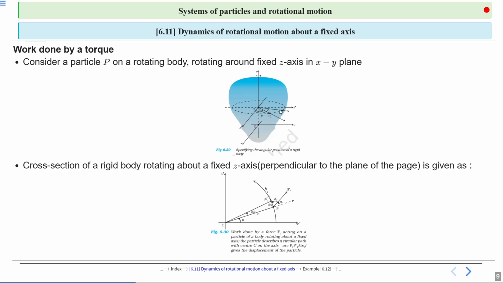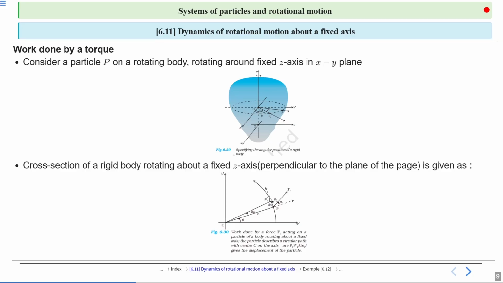This is the cross section of a rigid body rotating about a fixed Z axis perpendicular to the plane of the page. We have a particle P1 here. Consider the work done by a force F1 acting on the particle of a body rotating about a fixed axis.